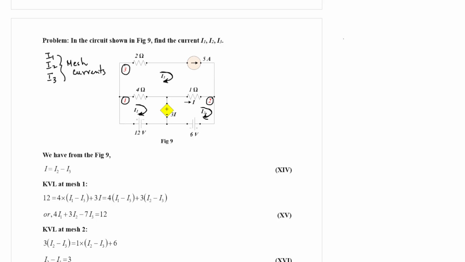Now from figure 9, we have a dependent source connected in between mesh 1 and mesh 2, which is 3i, and that current I is flowing through this 1 ohm resistor.